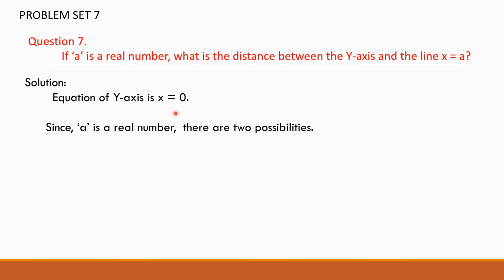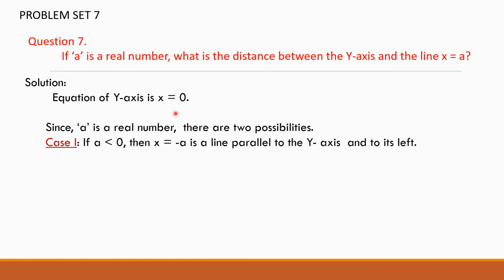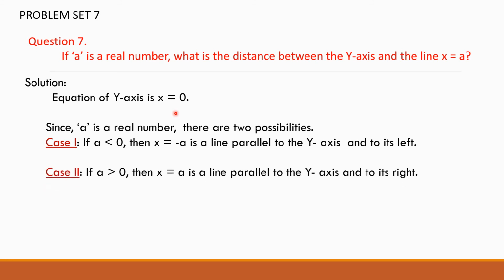Case 1: if a is less than 0, then x equal to a is a line parallel to the y-axis on the left side of the y-axis. Case 2: if a is greater than 0, then x equal to a is a line parallel to the y-axis on the right side of the y-axis.